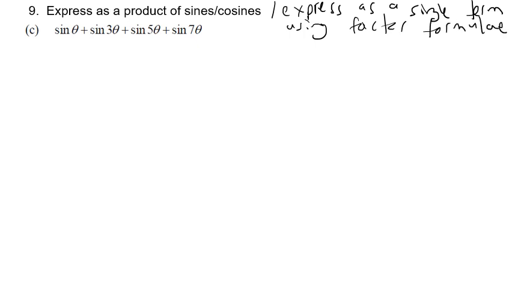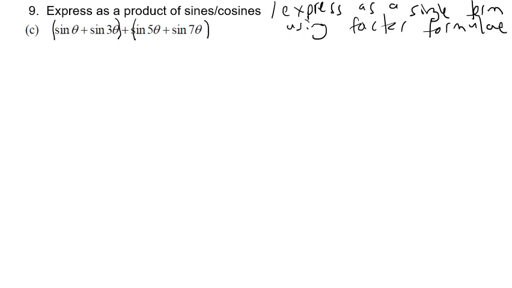Okay, right. So in factor formula, basically we will combine two terms into a single product, but this time we have four terms. So in this case, we will combine it in this way. So in both cases, we will use a factor formula.